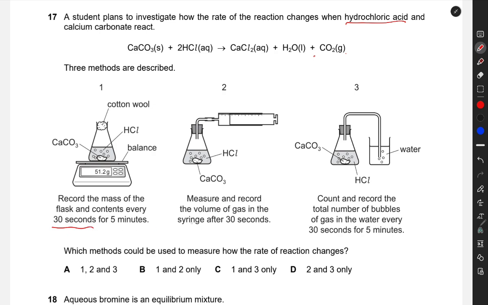Measure and record the volume of gas in the syringe after 30 seconds. Count and record the total number of bubbles of gas in the water every 30 seconds for 5 minutes. Which methods could be used to measure how the rate of reaction changes?